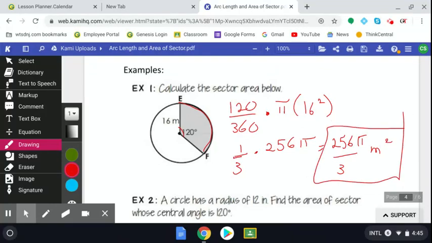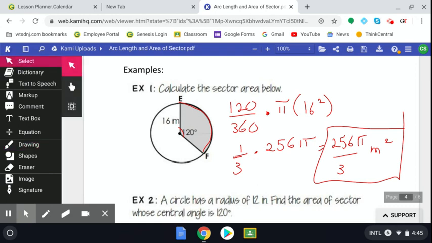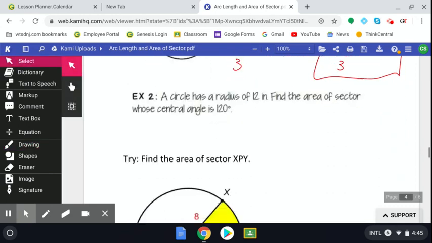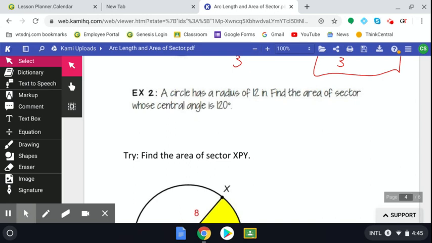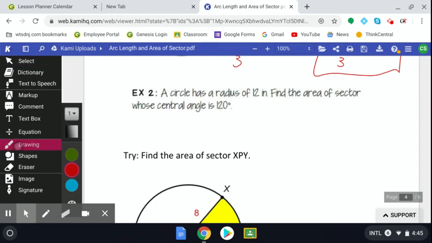Now, example 2. They say a circle has a radius of 12. Find the area of the sector whose central angle is 120. Same formula. So the arc measure is going to be 120. That's the fraction out of the whole circle, times pi times the radius squared. So it's going to be 12 squared.